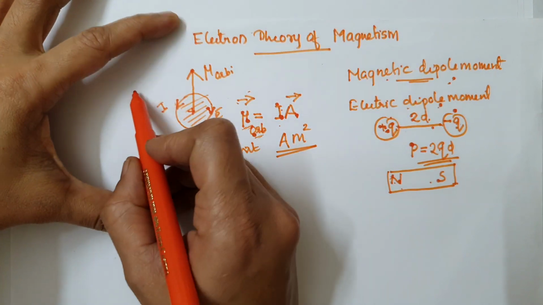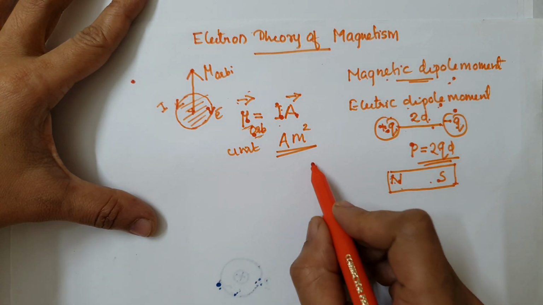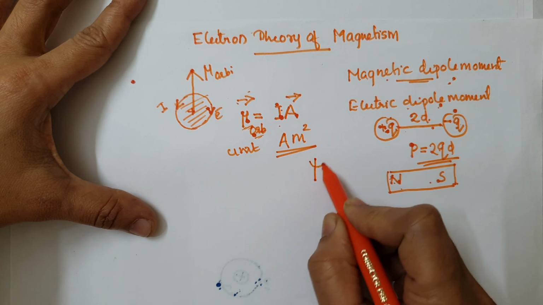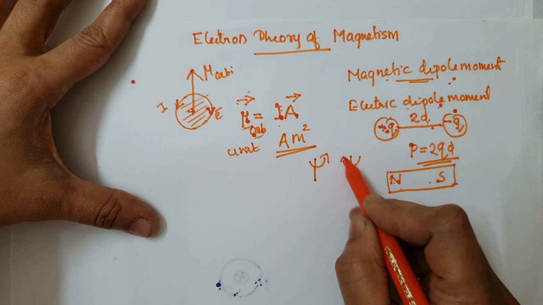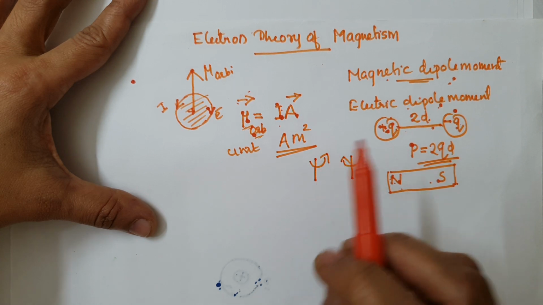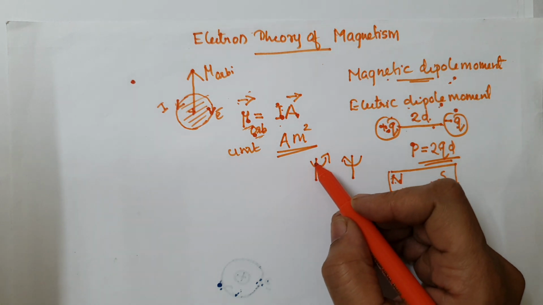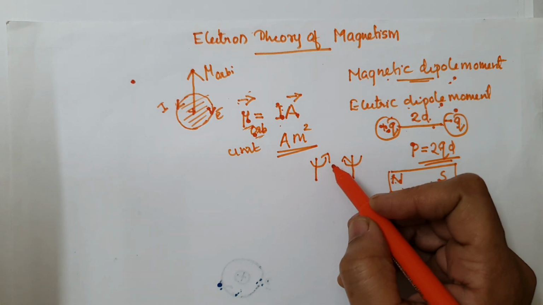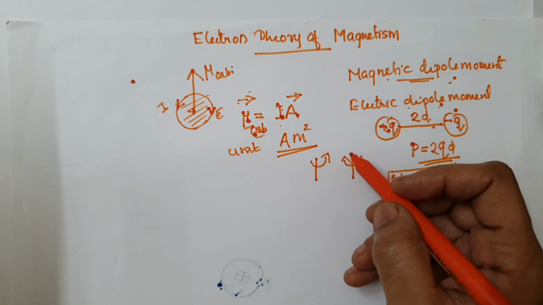That is, the electron can spin about its own axis, either in the clockwise direction or in the anti-clockwise direction.